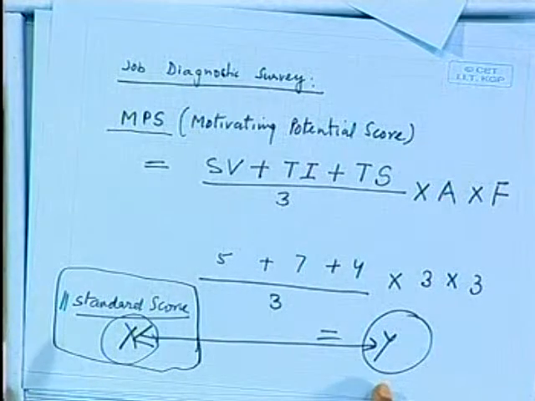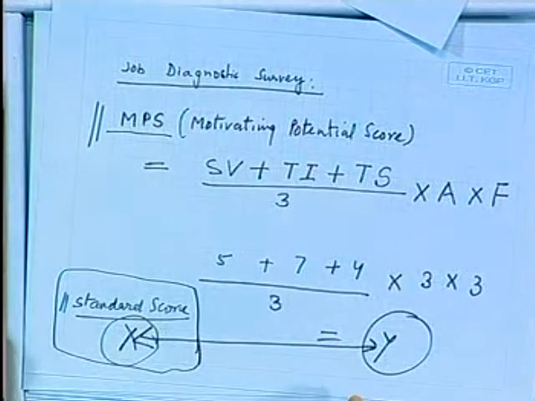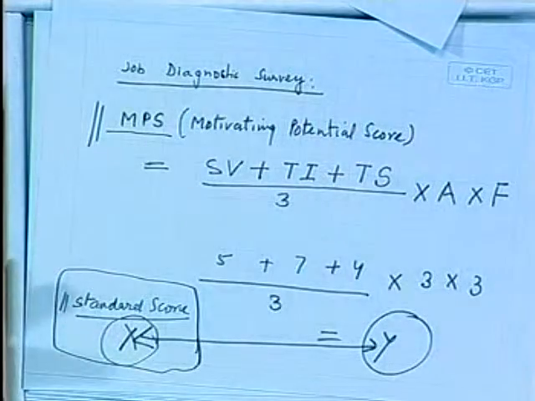So once you have identified the motivating potential, then what happens? You can see where the person is lacking, and accordingly you take certain measures on how the job can be enriched. Okay, it's clear to you?